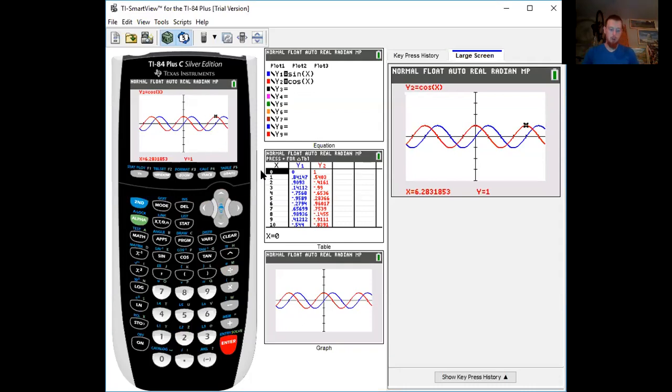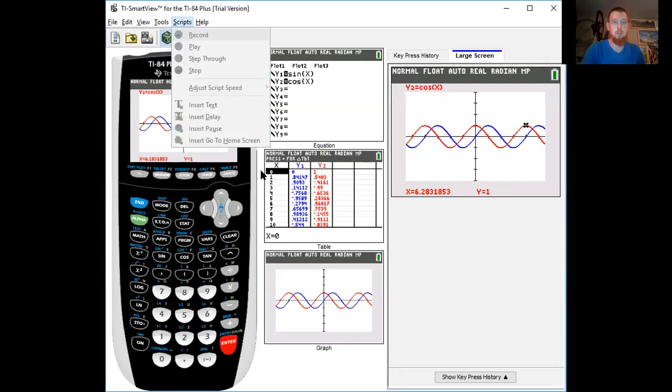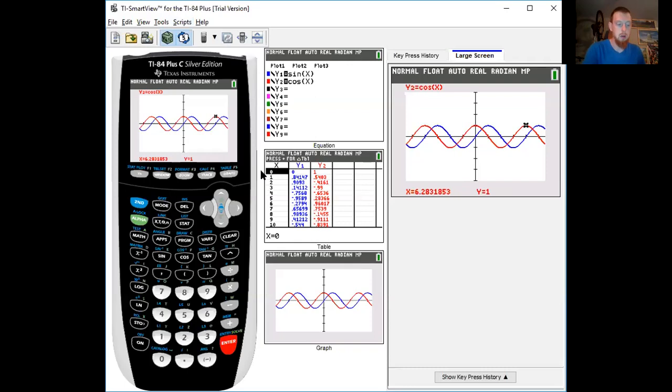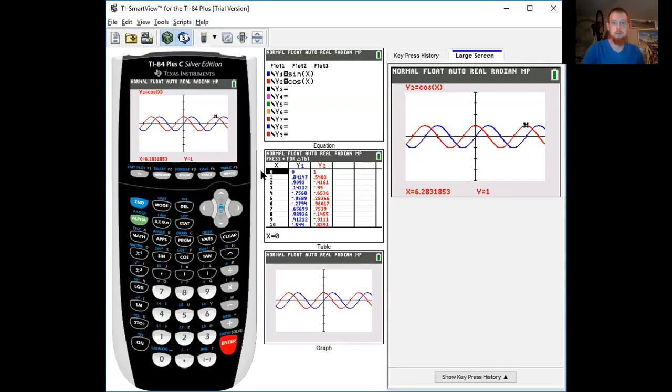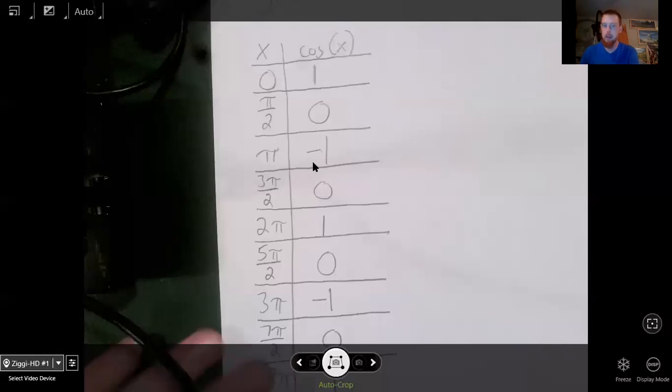Okay? So this is the first thing that we want to understand. We want to understand what sinusoidal functions represent, and we want to understand where they come from. Here's a picture of the cosine of x graph.